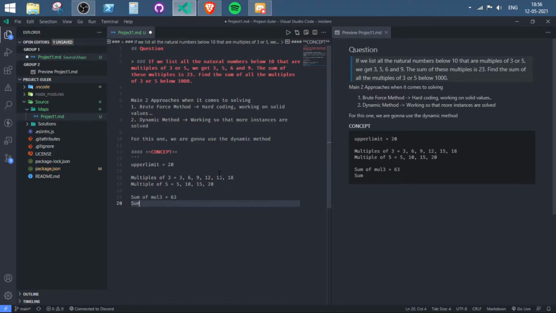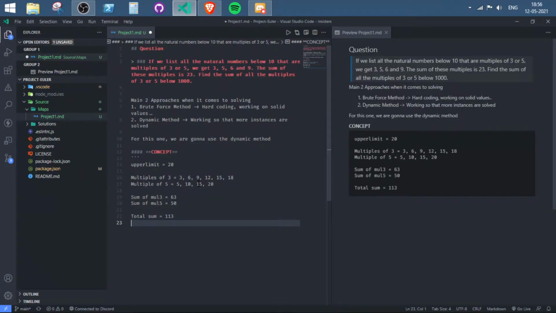The sum of multiples of 5, that's 5, 10, 15, 20, is 50. Now if we add them up, the total sum is going to be 113, but that is wrong because we got 15 common in both places.